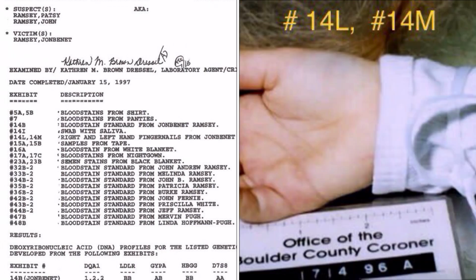Exhibit 14L and 14M, the right and left hand fingernails of JonBenet. And here I realize if they scrape under each finger, they probably get a lot of different DNA. And it could have been there for quite some time.